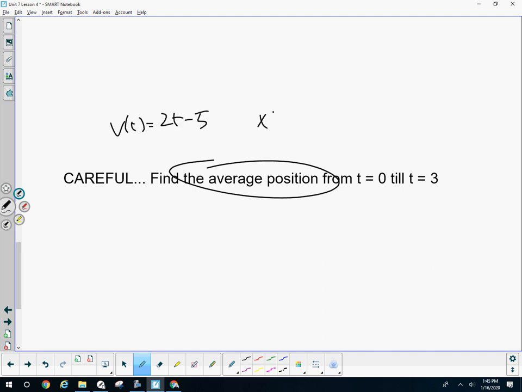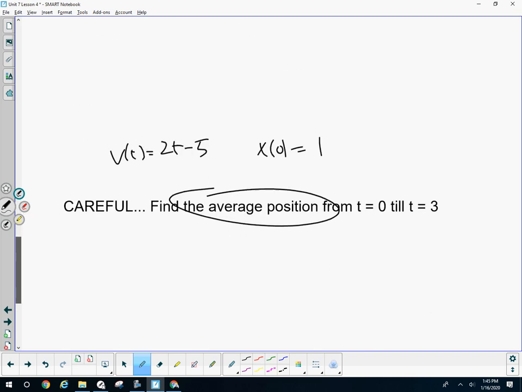My initial position is 1. And I ask you to find the average position. Well, what's very important is that you need in your integral, 1 over b minus a, integral from a to b, the position function. When we take the antiderivative of velocity to get position, we have t squared minus 5t plus c.